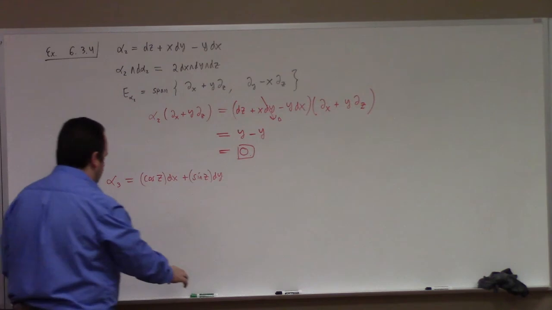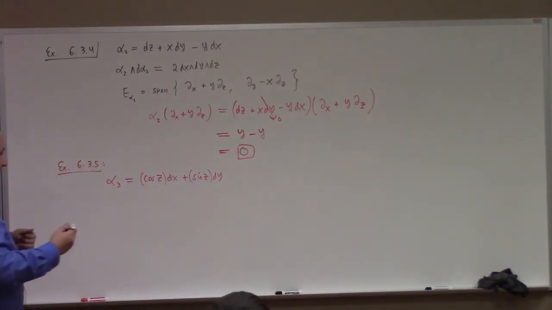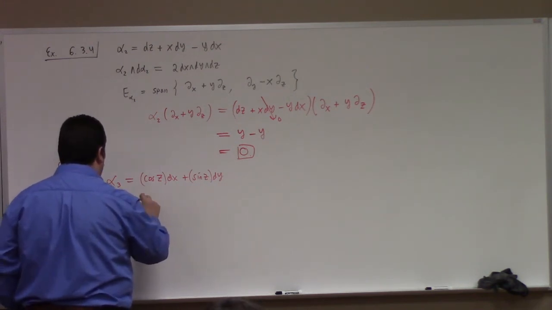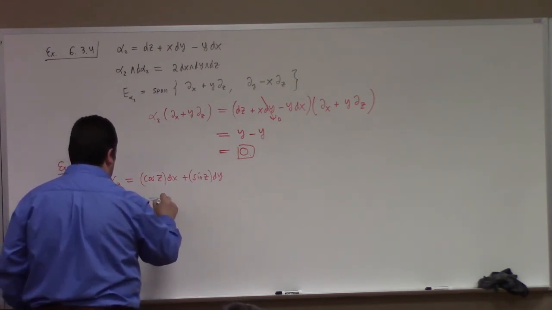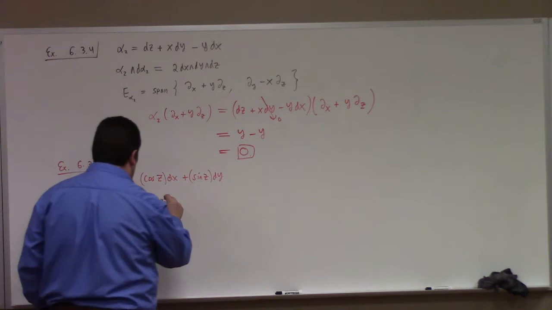This one's kind of neat. It's non-degenerate. You can work it out. Again, alpha 3 wedge d alpha 3 is, what does he say it is? I think it's minus dx wedge dy wedge dz in this case.